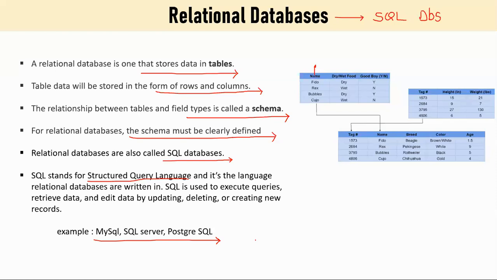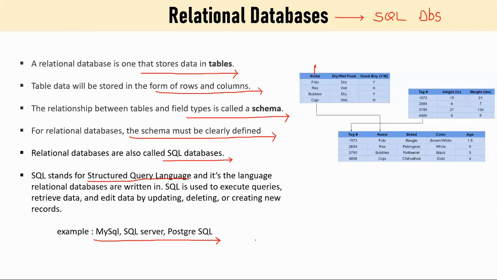Your operations team calls it an operational database. Your transactional team calls it transactional DBs. Business managers call it relational DBs. So this is how the nomenclature goes, and they are also called SQL databases because all relational databases are written with the help of the SQL language only.